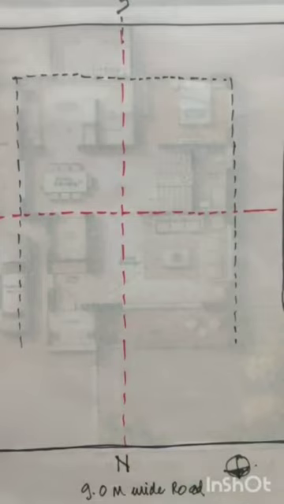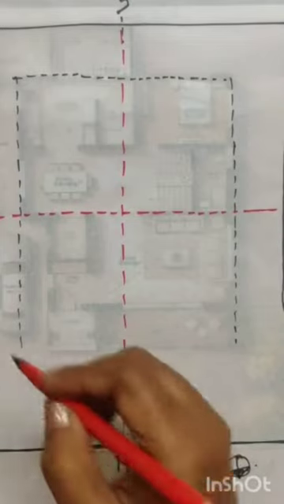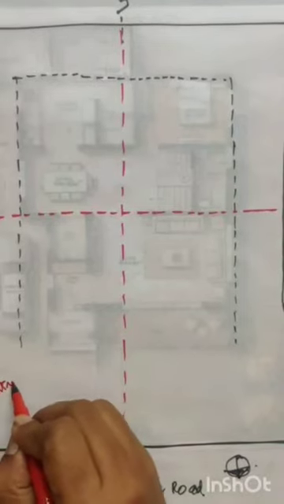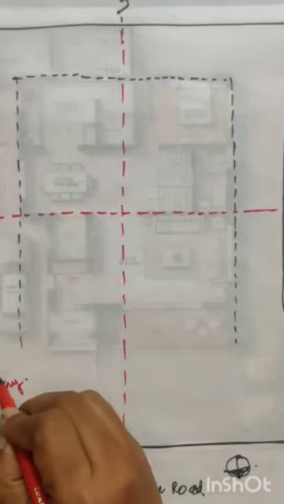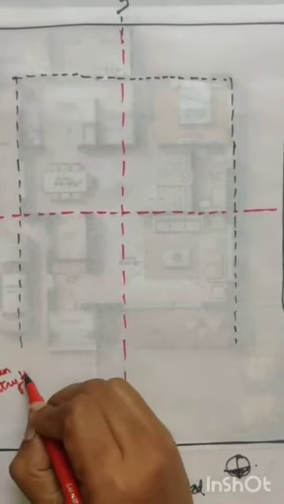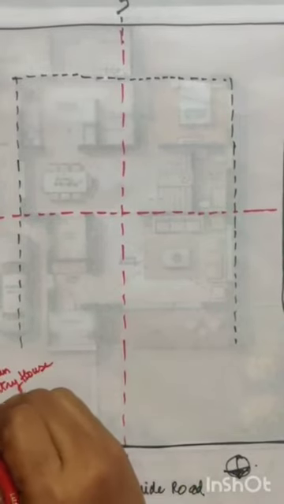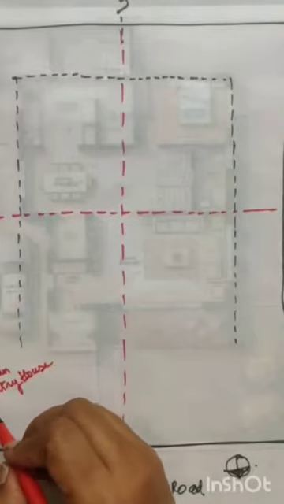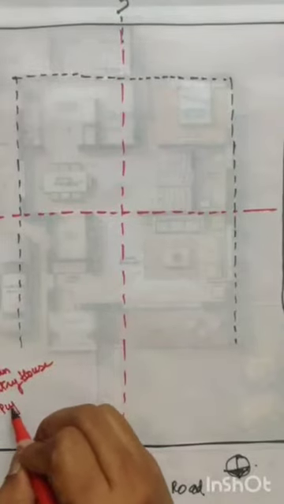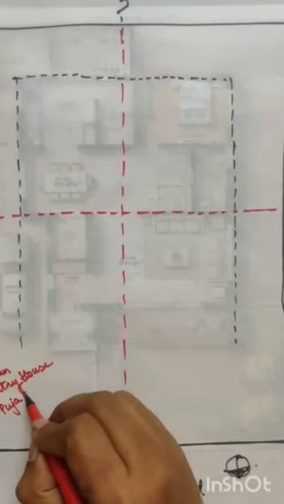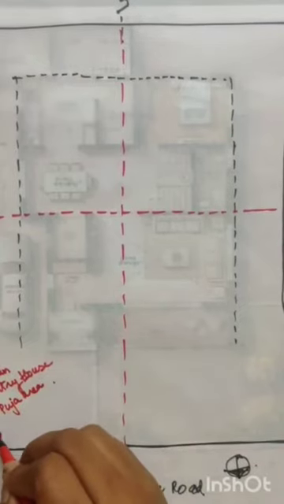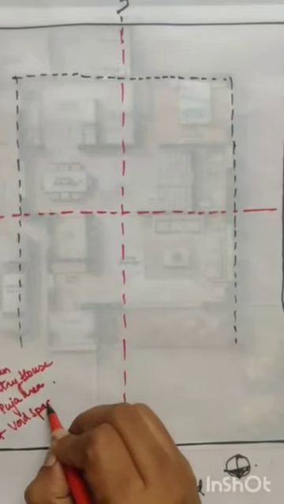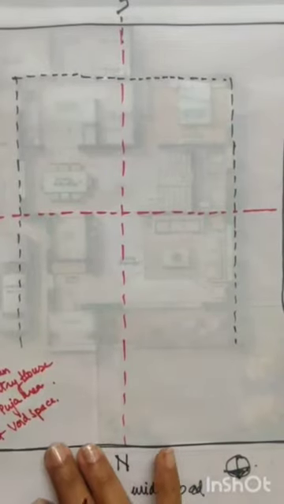So what really can take place in the northeast area is the main entry of the house. Secondly, we can have a puja area. Thirdly, we can have a void space, like nothing is built in this corner.